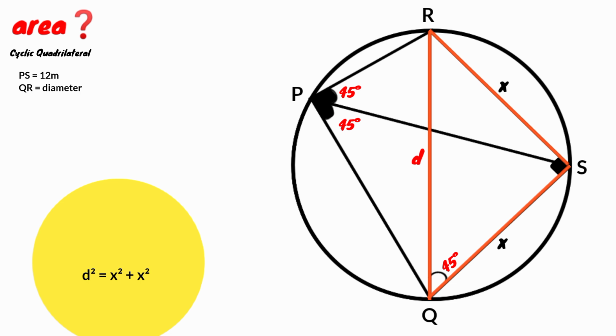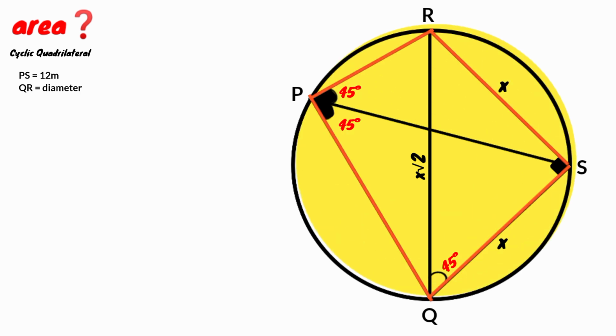X squared plus X squared is 2X squared. Take the square root of both sides of the equation. Here, square root of D squared is D, while here, square root of 2X squared is X root 2. So D equals X root 2. Put it here.